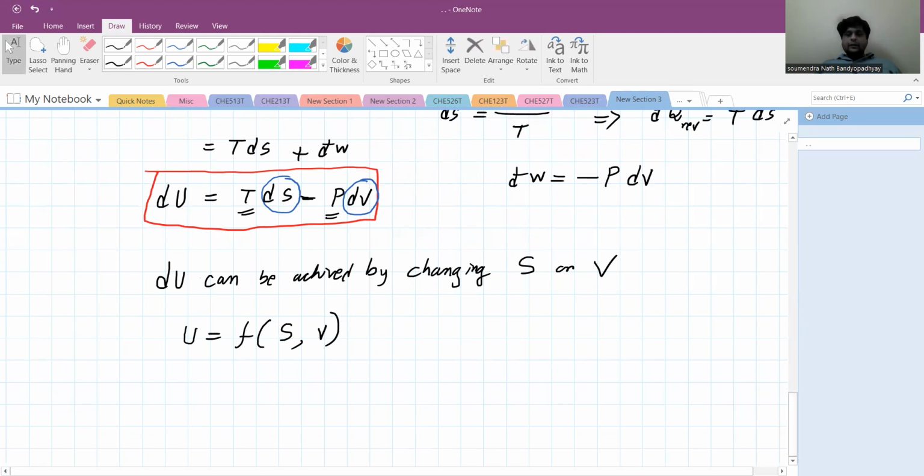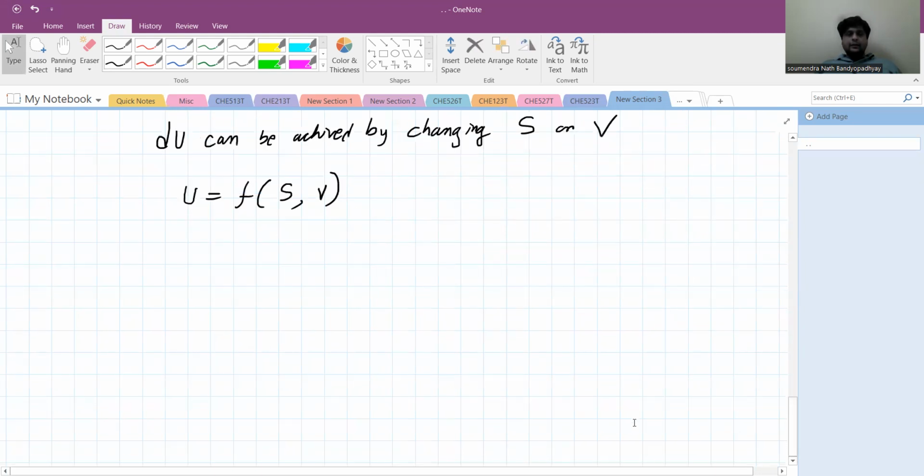Now again, think of a closed system. If you want to change the total energy of the system, you can always add more matter. So this means internal energy is a function of mass also.